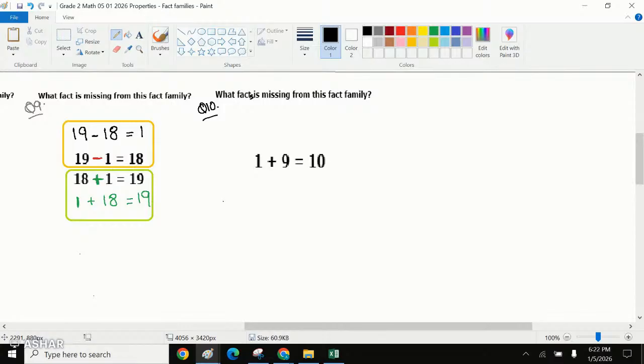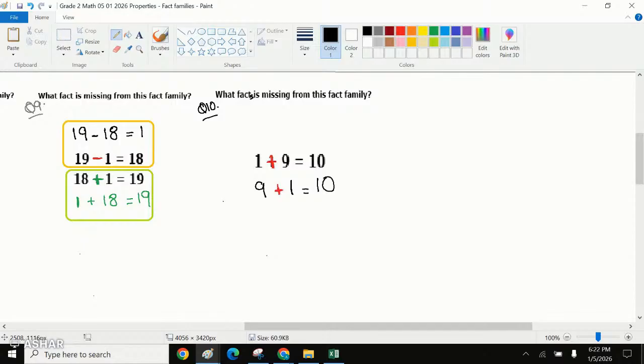The next positive statement should be, this is 1 plus 9. The next statement should be 9 plus 1 would still be equals to 10. Agreed? That means we found this second statement for the addition, but we are missing the subtraction statements, right?